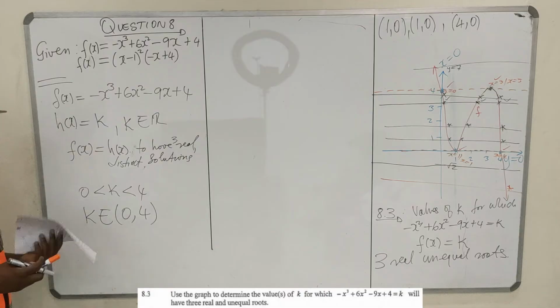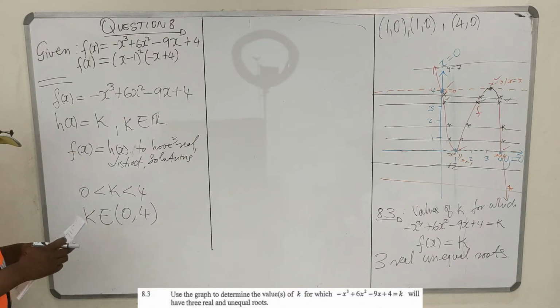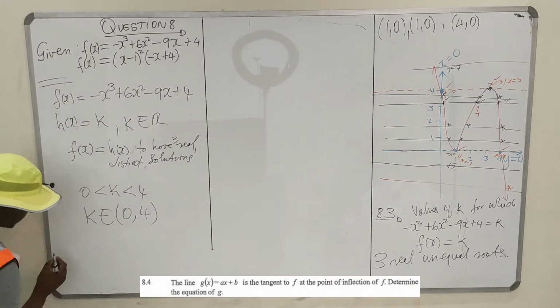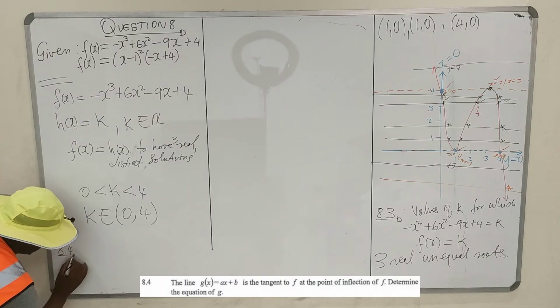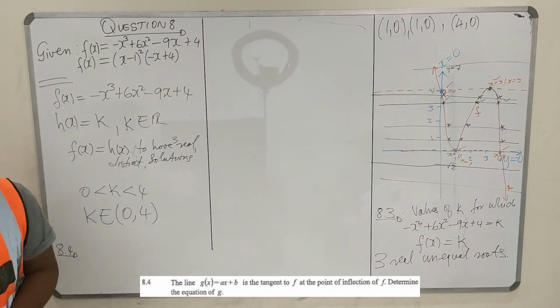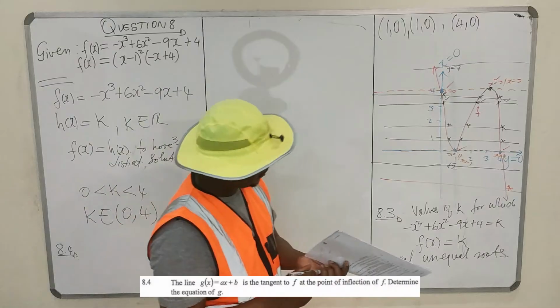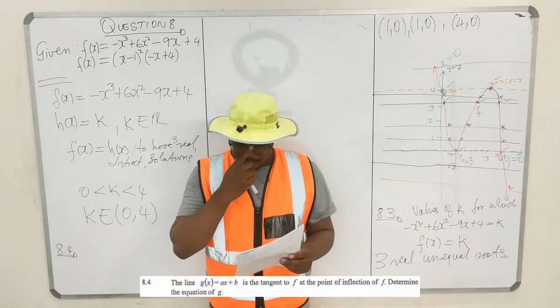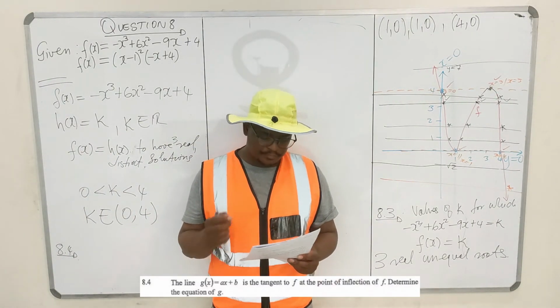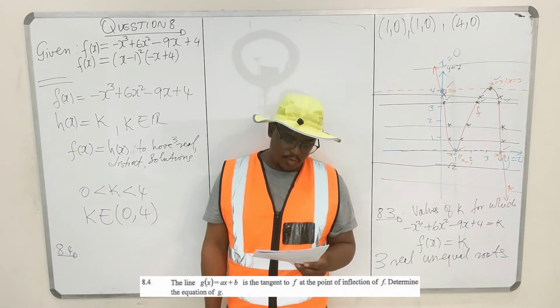So now we go to 8.4. So now we're doing 8.4. 8.4 reads as follows.